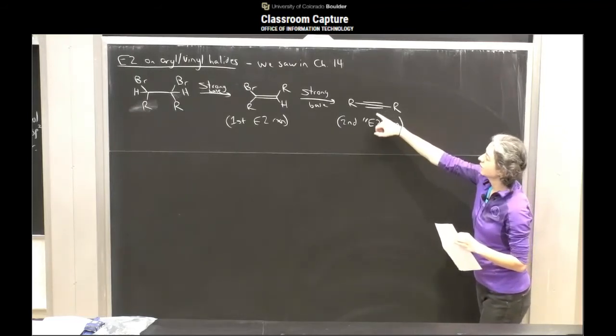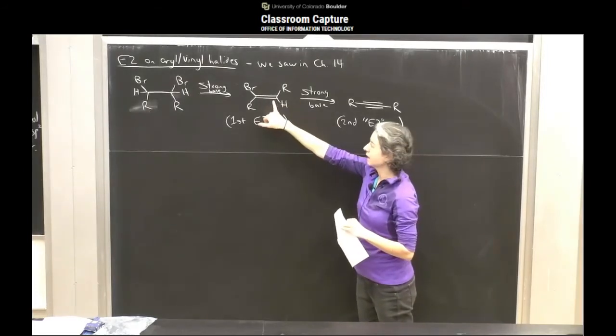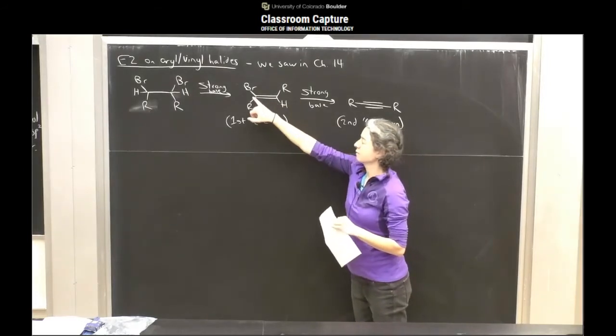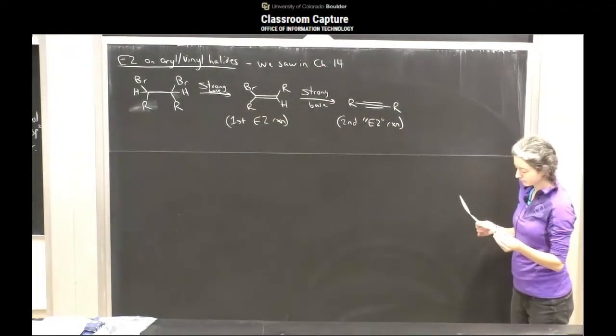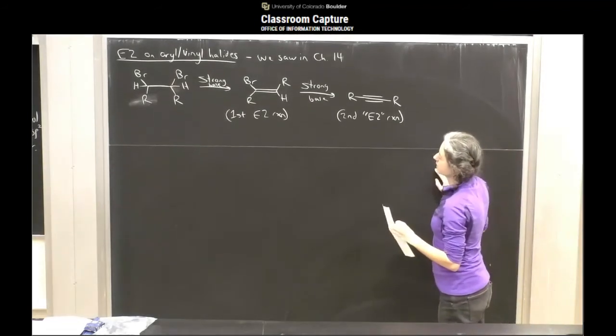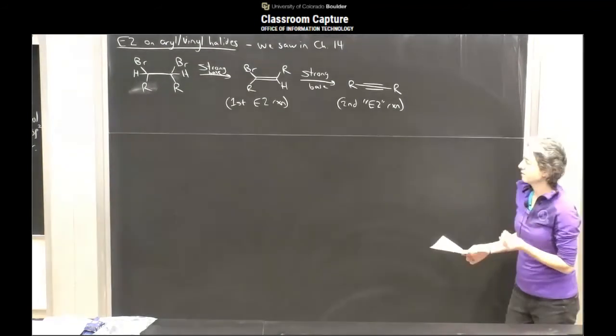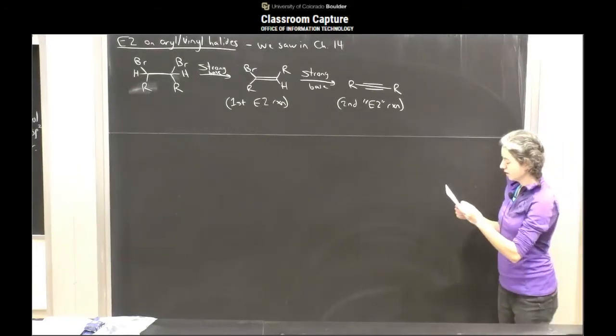Okay, so if you look at it, this second step here, we're taking a vinyl halide, like a carbon-carbon double bond with a halogen on it, and doing an E2 elimination to get there. So we've already sort of used this a little bit for synthesis, but we haven't dug into the details on how it differs from regular E2.